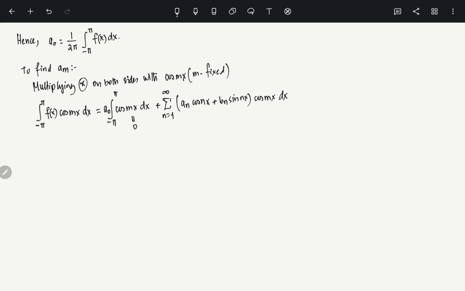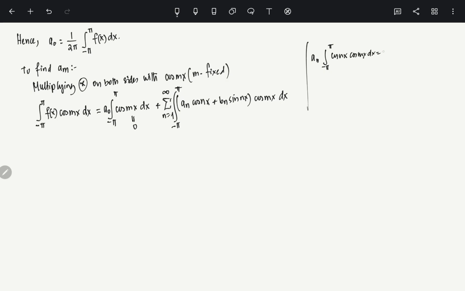Now, I have to take the integration here itself also. Maybe I can write it here. I forgot to write it. See, now if I take the integral one by one, so basically an times the integral from minus pi to pi of cosine nx cosine mx dx.